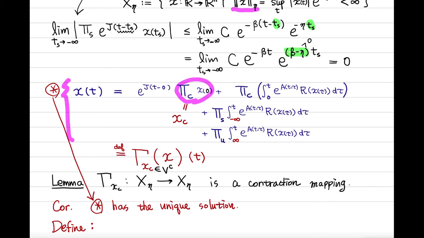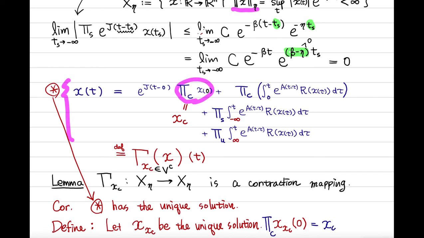center manifold as follows. First, let x sub xc be the unique solution that we showed exists. Of course this unique solution is for each xc, because we showed the uniqueness for each gamma of xc. Once that solution is found, then at time equals 0, the projection of that onto Vc is equal to xc.